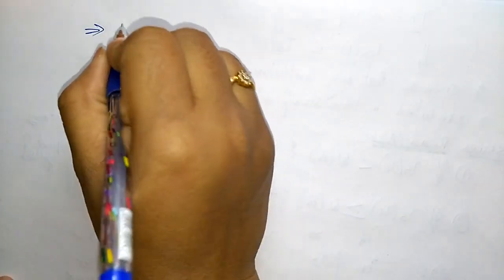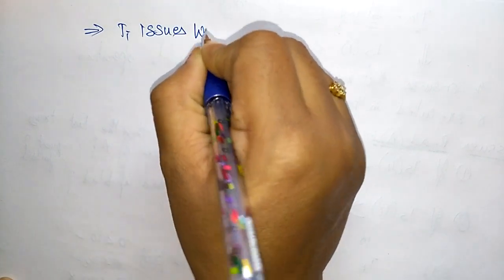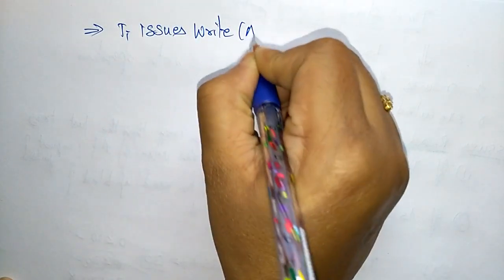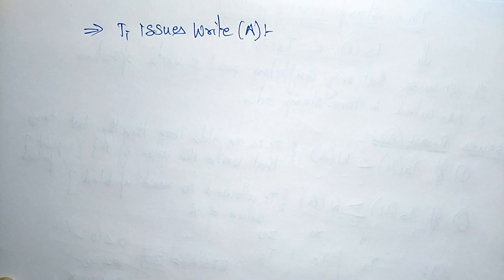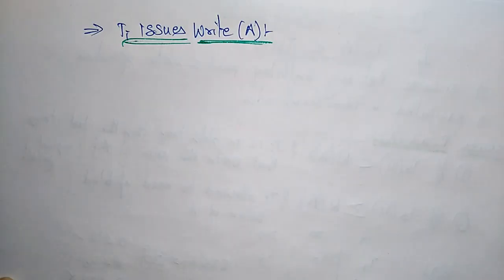Now let us see the next issue, that is the write issue. What will be the write issue? Ti issues write A. Let us see the conditions that occur while writing.